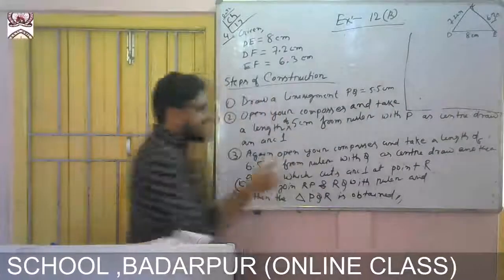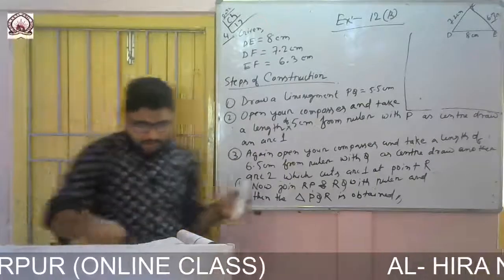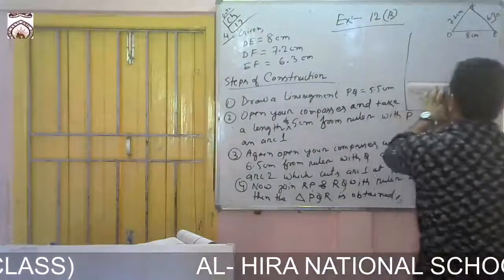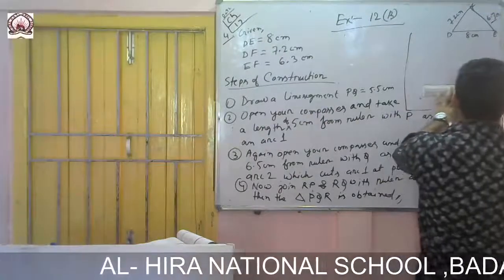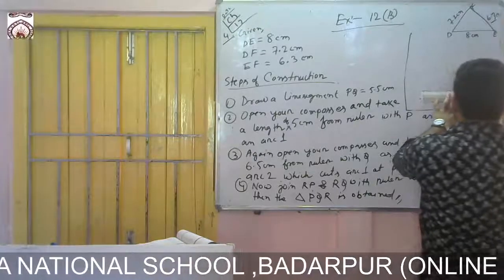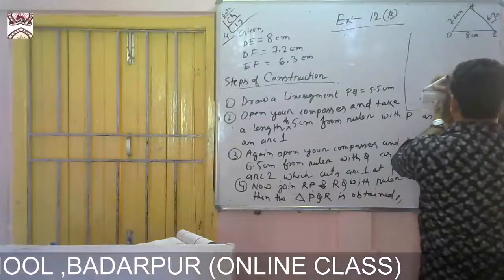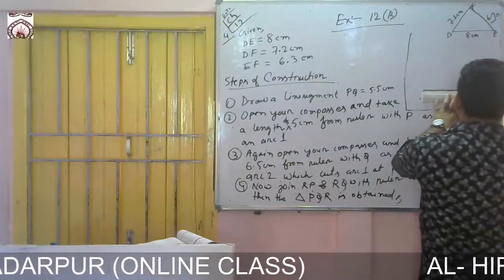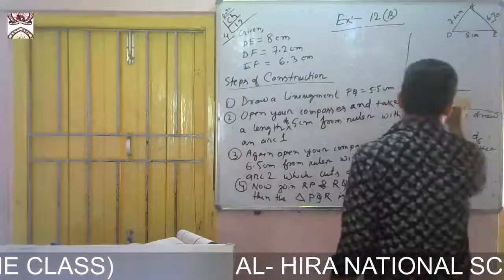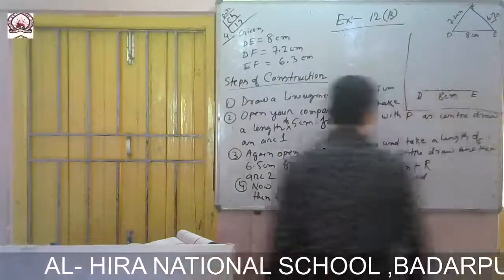So as earlier, all are the same. You take 8 centimeter from the ruler, then draw. I took 8 centimeter as DE, this is the base I have taken.